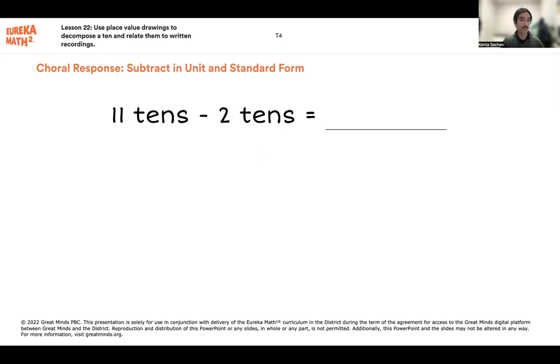Here's another one, 11 tens minus 2 tens. Now, I don't think any of us have 11 fingers. So maybe we can count up. Maybe you already know what 11 minus 2 is, and that's great. Okay, 11 tens minus 2 tens. What is that? Frida?